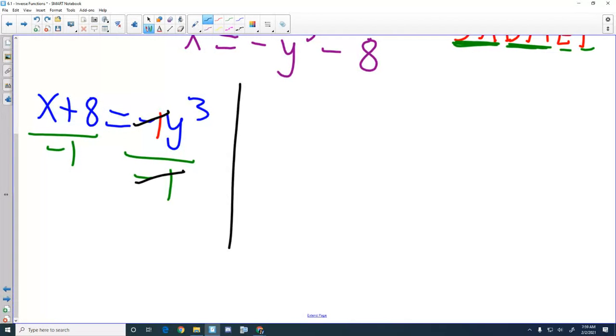If I divide 8 by a negative 1, it just becomes a negative 8. So I'm going to switch the signs of both of those on the left. It's going to become negative x minus 8 equals y cubed. So instead of keeping it as a fraction, I'm going to divide it out because I can. Nice and easy here.